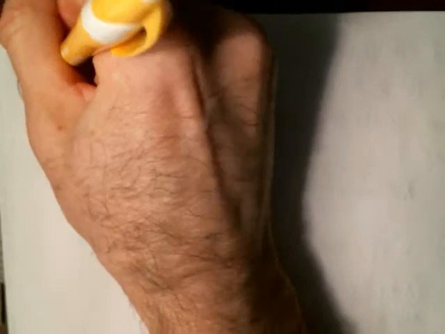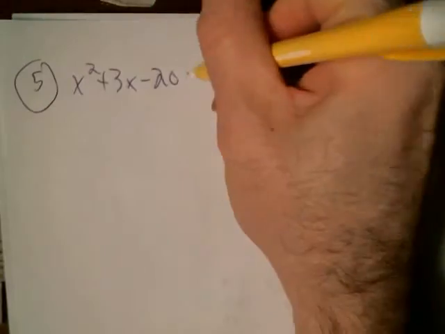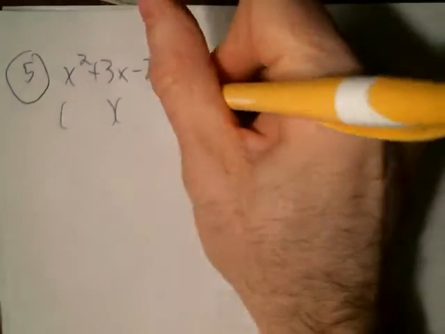Okay, so let's look at another one, number 5. So we have x squared plus 3x minus 20 is 0. And again, like I said, your first instinct, hopefully, and we don't want you to use the quadratic all the time, right, is to try to factor it.